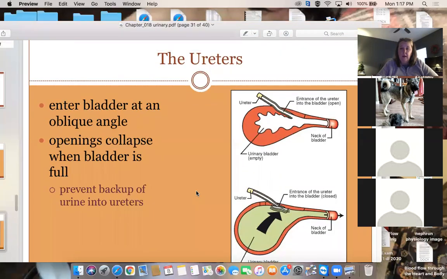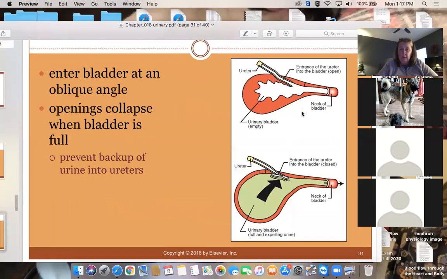Now, they come in the bladder at an angle. And if you look, this redness here is like a thickened, that's the bladder lining. This is the lumen. And they come in. When the bladder gets full, when it starts to stretch, that will close off the ureters. So for a moment, there is a blockage of more urine entering the bladder until the bladder is empty.